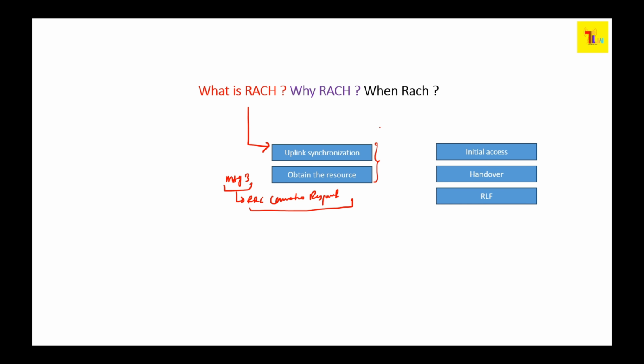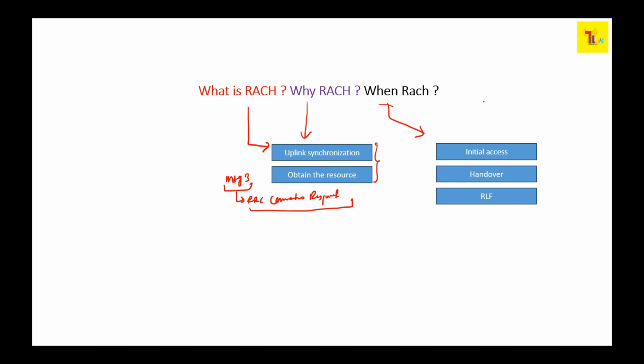So this was for why exactly RACH is required. Now the next thing: when exactly is this RACH procedure going to be used, when exactly will it come into the picture?